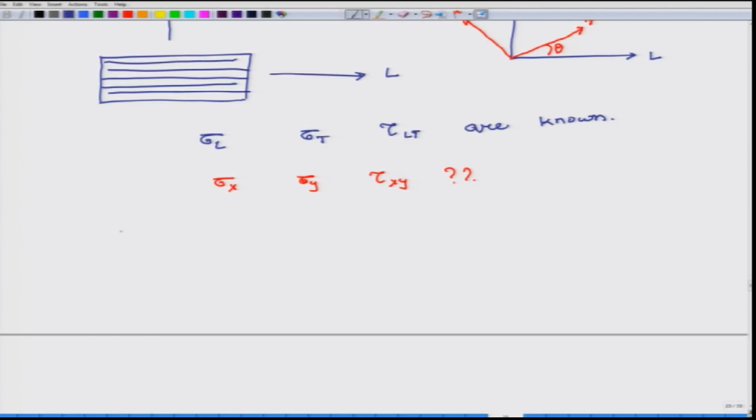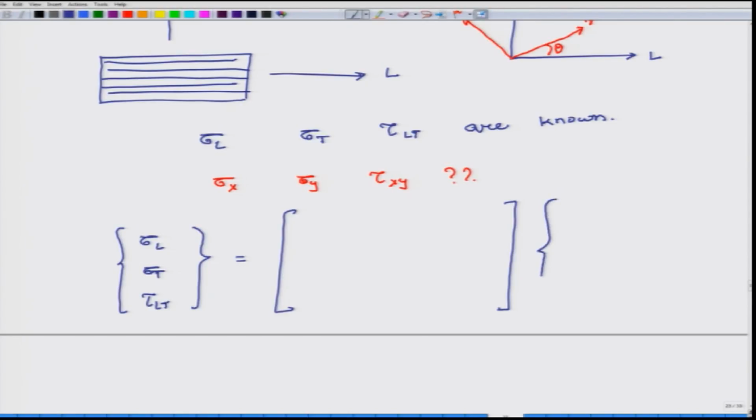So, the transformation relation is that sigma L, sigma T, tau LT equals a transformation matrix, and we will write down the elements of that transformation matrix, times sigma x, sigma y, tau xy. So, what are the elements of this transformation matrix?